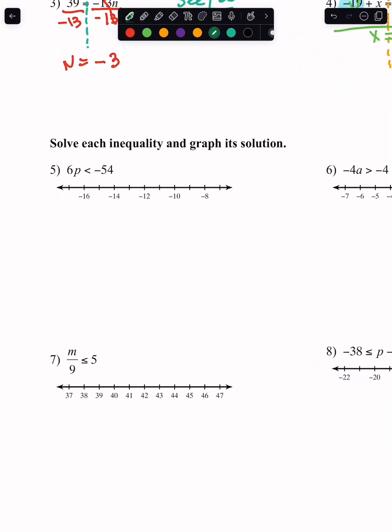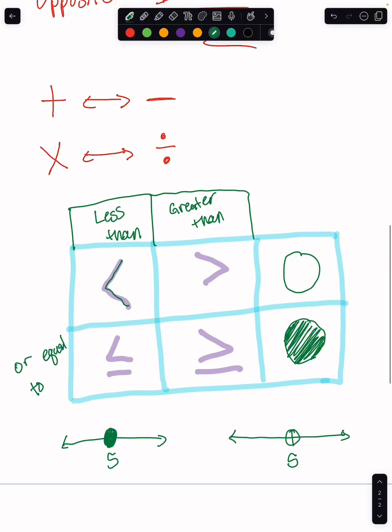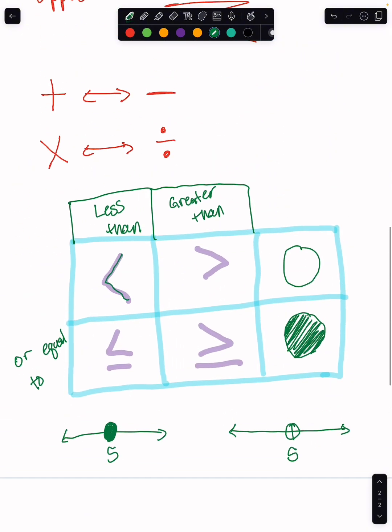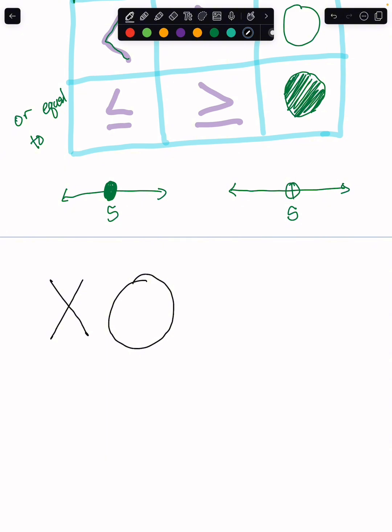Oh, before I do that, I almost forgot. When you have your inequality symbols, it's best if you have your variable, and it's not always going to be X, then your symbol in the middle and your number on the right.